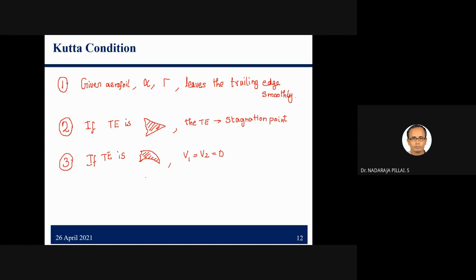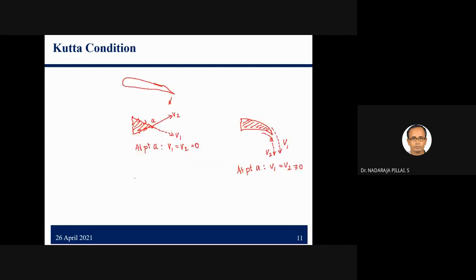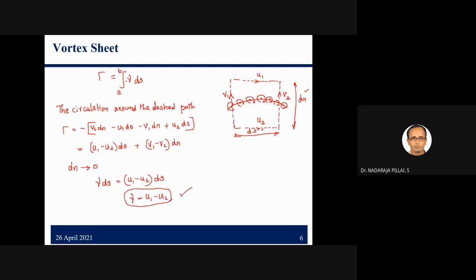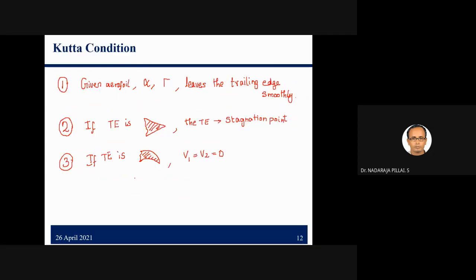So, as we know already, gamma is equal to U1 minus U2. And hence, we can write the strength of the vortices, that is gamma, at the trailing edge, that means at the point A, is equal to V1 minus V2.